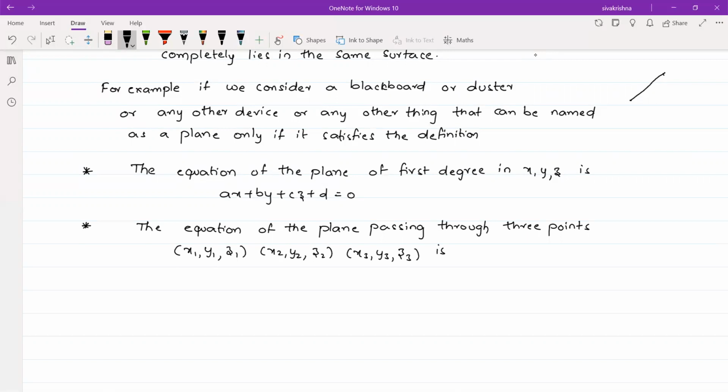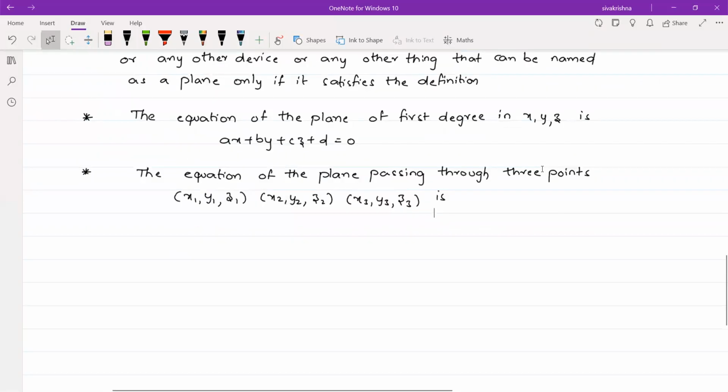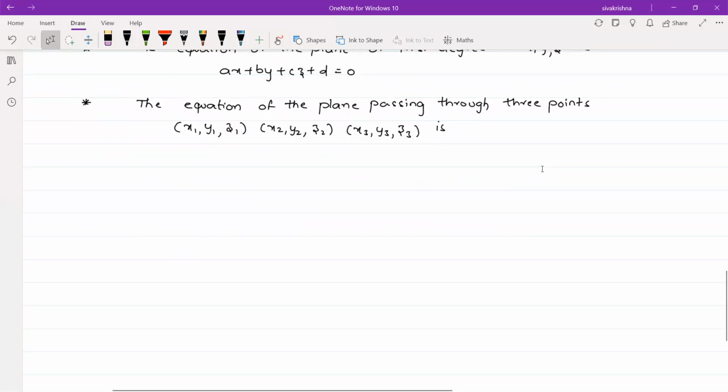The formula for finding the equation of the plane passing through 3 points is the modulus of: first column x minus x1, x2 minus x1, and x3 minus x1. Second column y minus y1, y2 minus y1, and y3 minus y1.